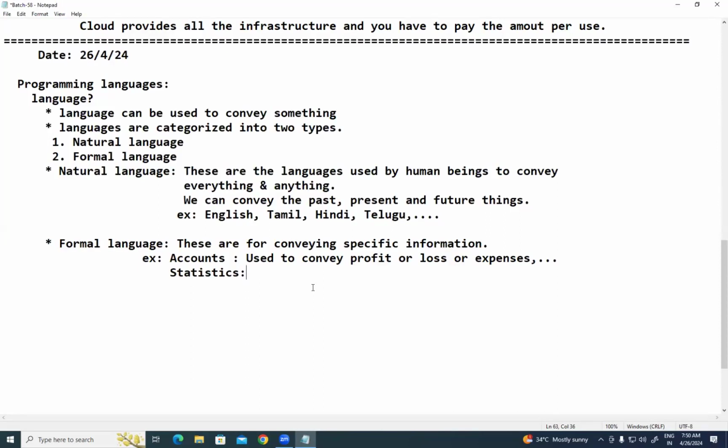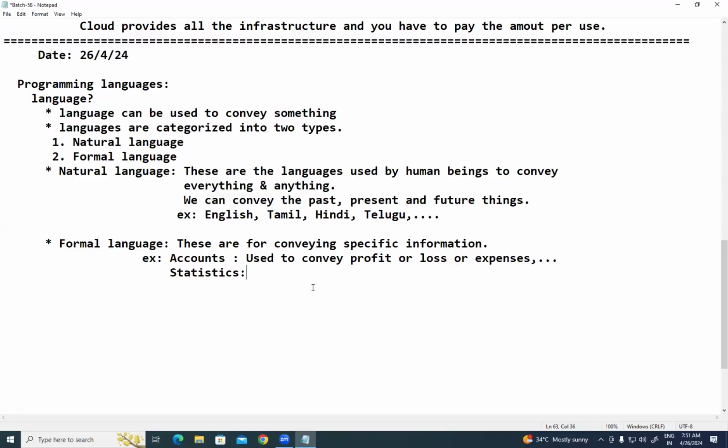Statistics is basically used to collect the data and analyze the data, with the help of the data that is available. Folks, are you getting my point or not?